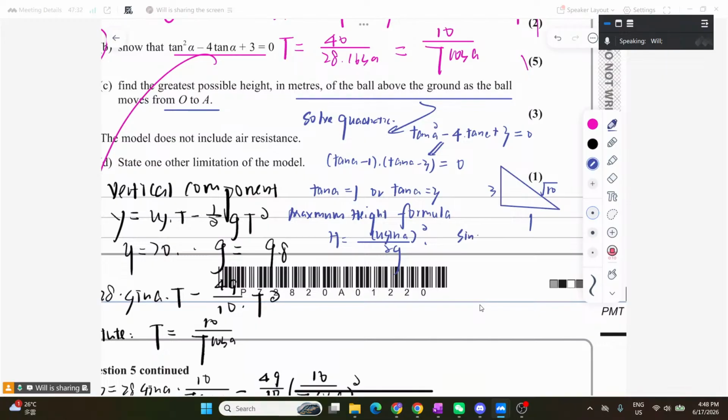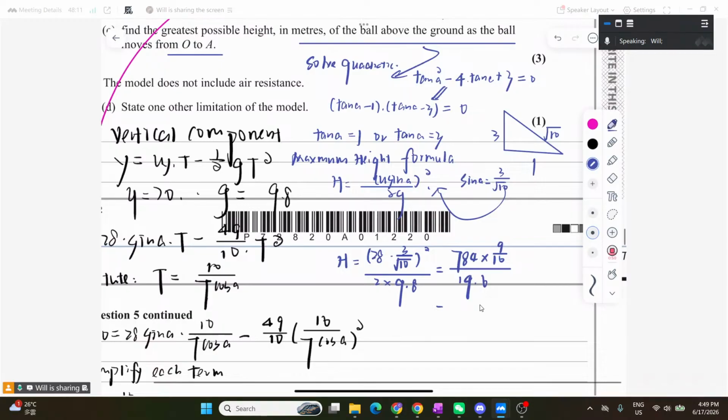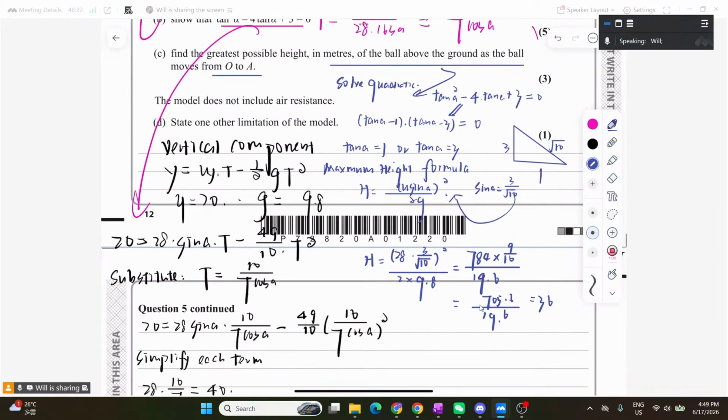And so we get sine alpha equal to 3 over square root 10. Taking that into the equation, we get h equal to 28 times 3 over square root 10, squared, over 2 times 9.8, which is 784 times 9 over 10 over 19.6, equal to 90.6... no problem. This is question C.